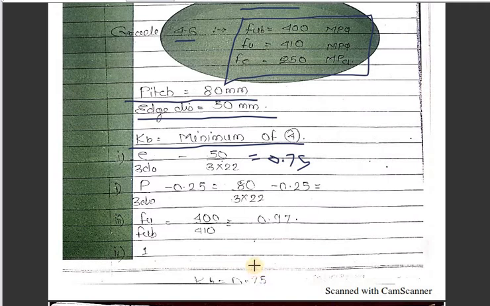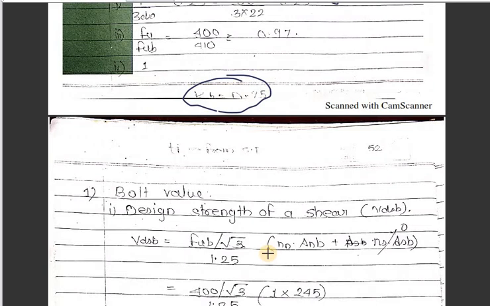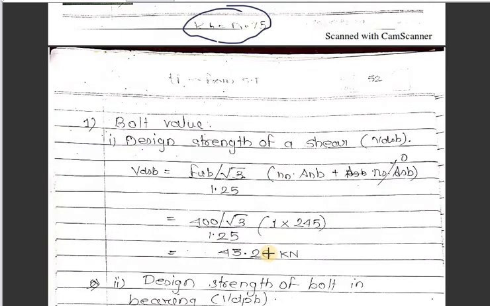The second is 80 divided by 3 into 22 minus 0.25, and it comes to be 0.96. But the minimum value is the first value, 0.75, so we are taking kb as 0.75. The procedure and steps are a little bit the same; in some steps there are some changes, which have been taken care of.